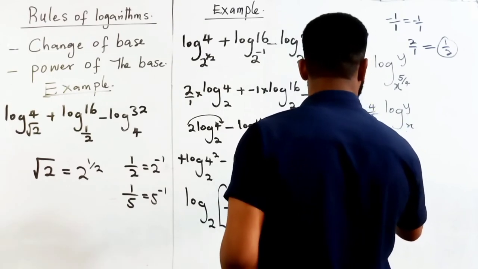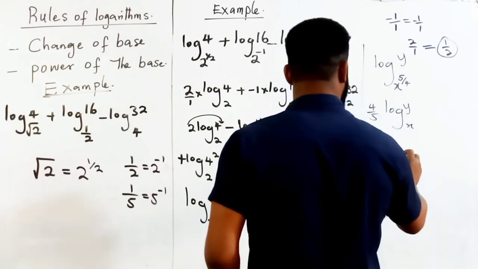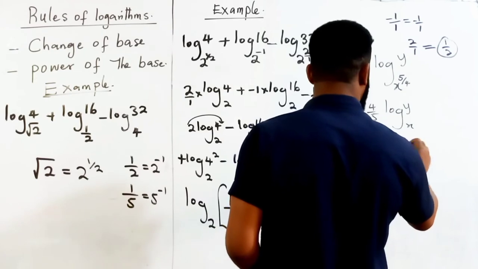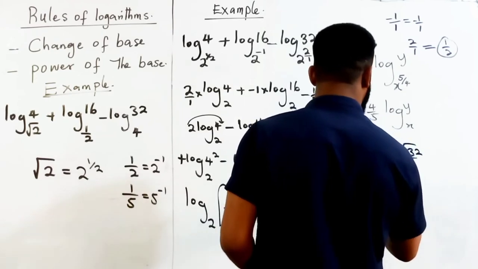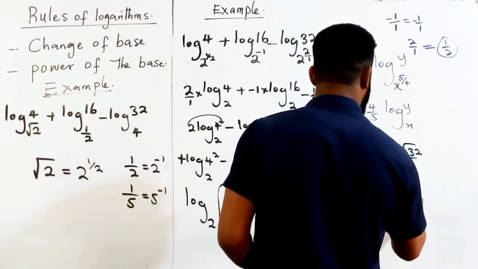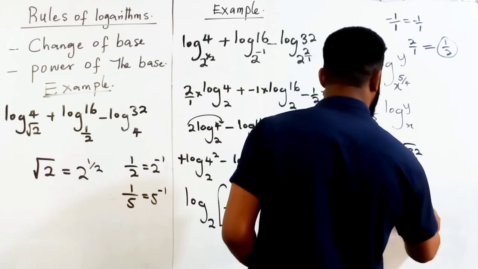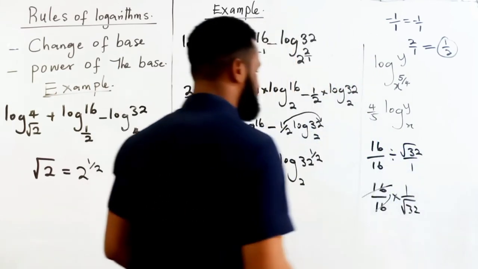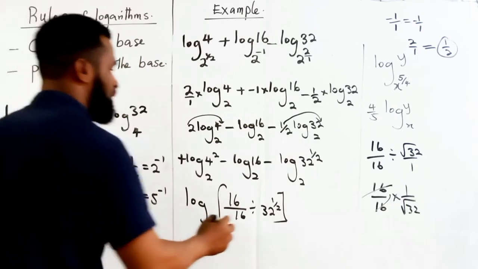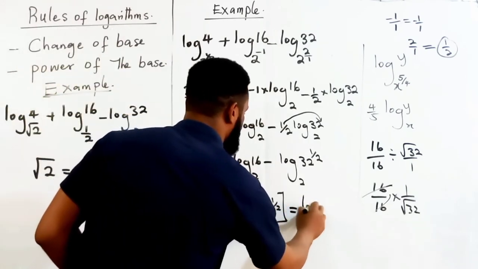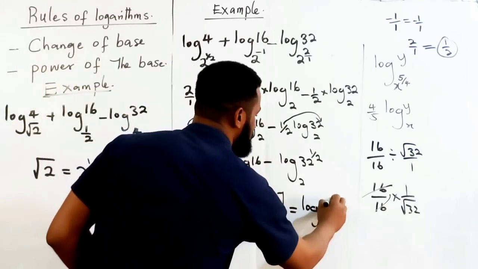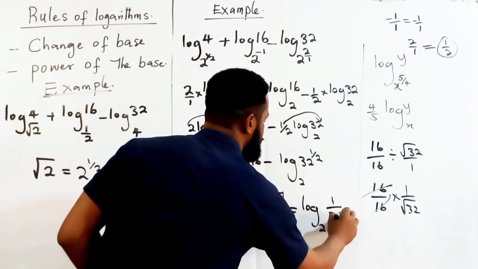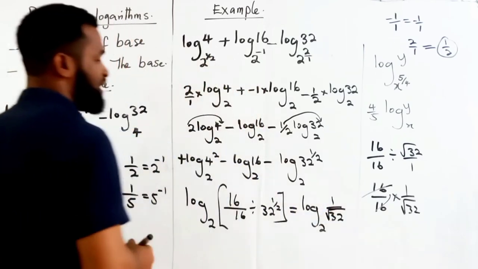So if you have 16 over 16 divided by, let's just put it this way, 32 over 1 is 16 over 16 times 1 over root 32. 16 will cancel 16, of course. So I'm going to have log base 2, 1 all over the square root of 32.